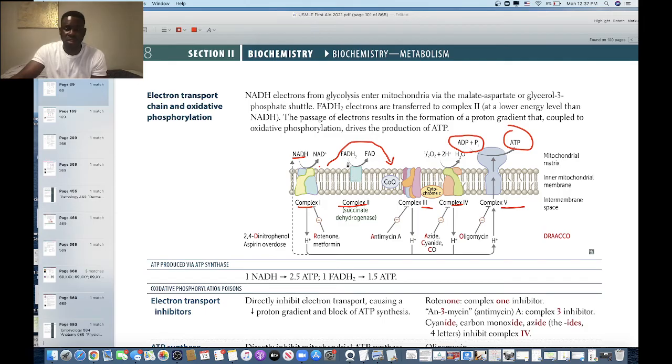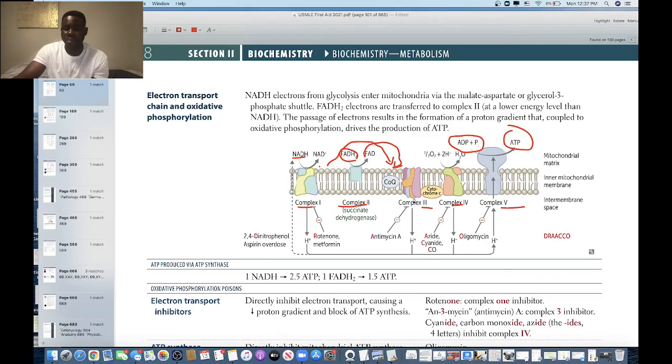So just take note, it's the enzyme that is in both the TCA cycle and the electron transport chain. Succinate dehydrogenase will also take the electrons from FADH2 and pass them on to the same coenzyme Q, right?